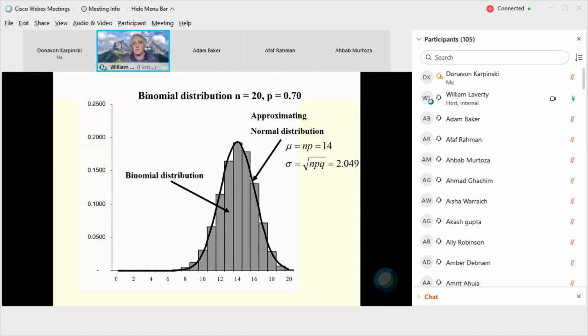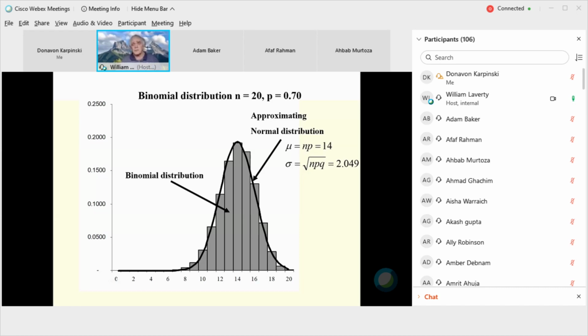So here's the binomial distribution. It's described in the rectangles. This is the binomial distribution with n equal to 20, p equal to 0.70. So the mean is 14.